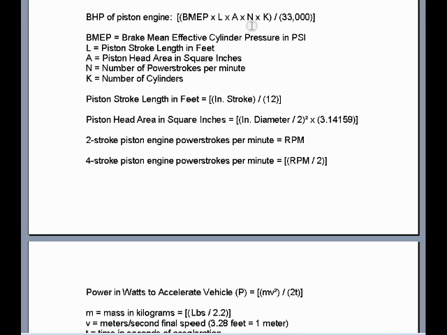Since we're using RPM, you have to divide this value into the number of foot-pounds per second over a minute. 550 foot-pounds per second times 60 seconds equals 33,000 foot-pounds per minute to 1 horsepower. When you use this formulation, you will mathematically calculate the brake horsepower output of a reciprocating piston engine.